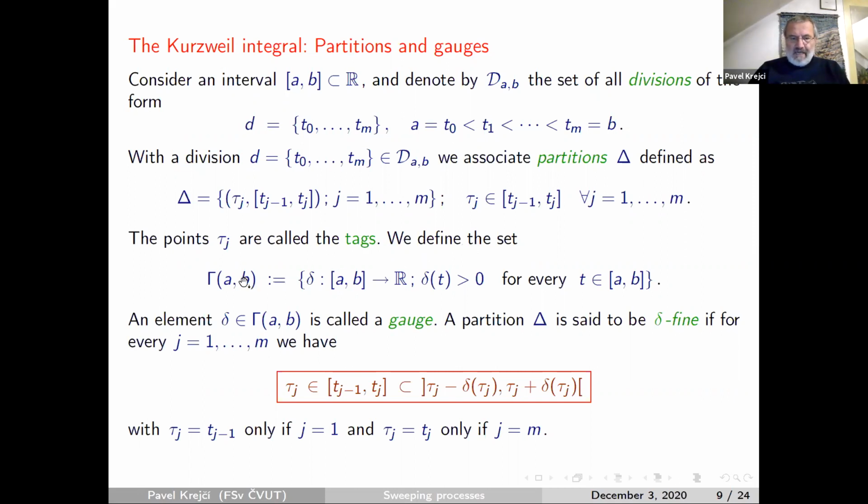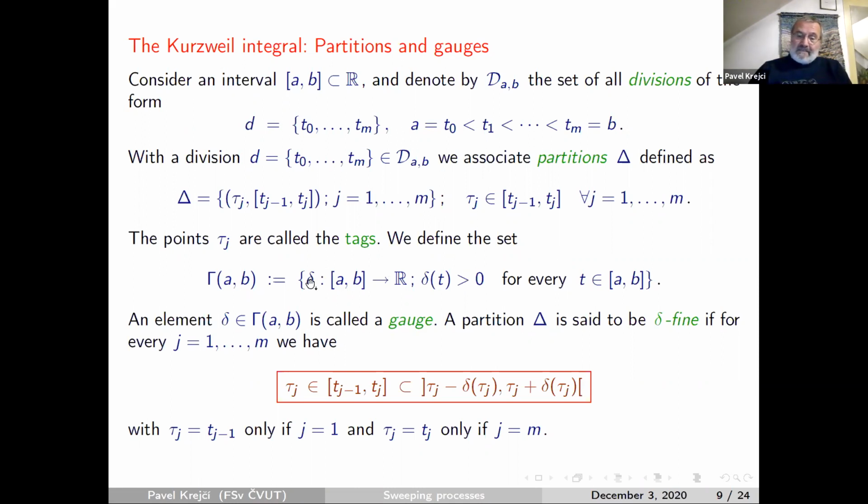I define the set Gamma of [a,b]. This is the set of all functions which are positive on the whole interval. When I say all functions, I mean really functions. In the Kurzweil integral theory, the concept of almost everywhere plays no role at all. There is no almost everywhere, there are no measures. When I say function, I mean a function defined at every point.